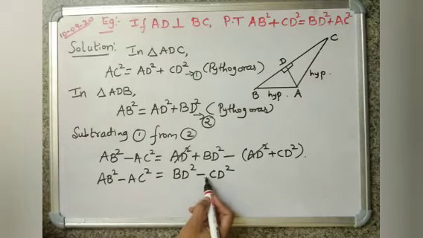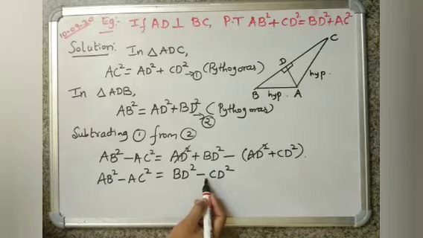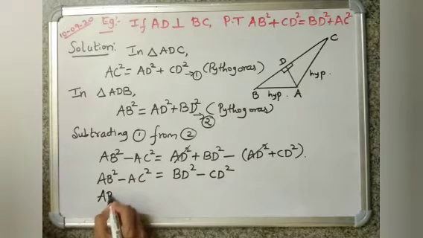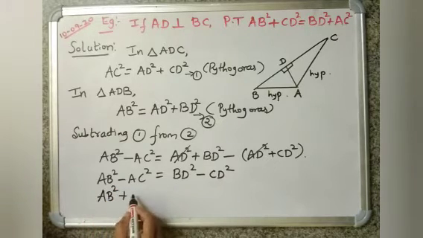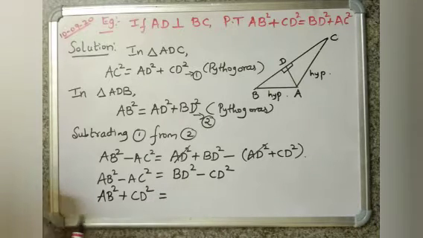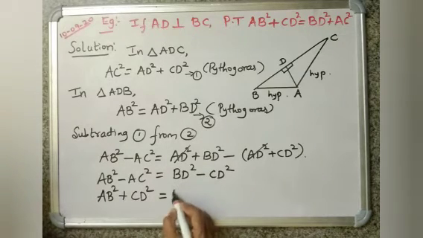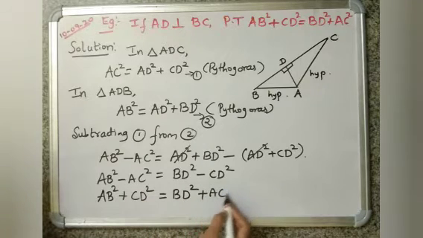If I take this minus CD square to the left hand side, the minus sign changes to plus. So AB square plus CD square is equal to BD square plus AC square.